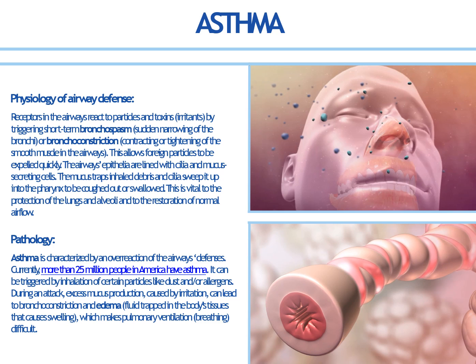During an attack, excess mucus production caused by irritation can lead to bronchoconstriction and edema, which is fluid trapped in the body's tissues that causes swelling, which makes pulmonary ventilation or breathing very difficult.